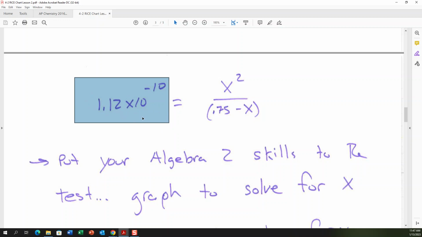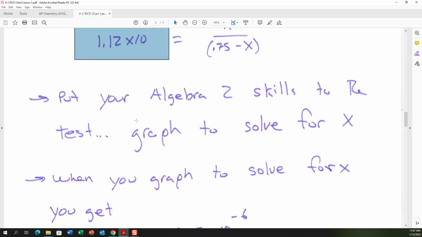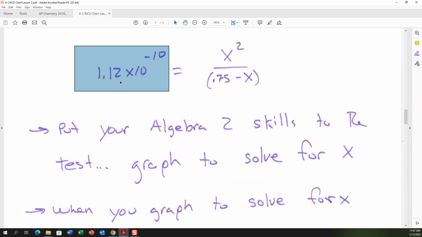We'll practice that in class a little bit, but eventually, on any test, any quiz, any AP Classroom questions, final exam, AP exam, if you got to this point, there's a way to simplify this expression so you don't have to graph, and I'm going to show you how to do that in a second.